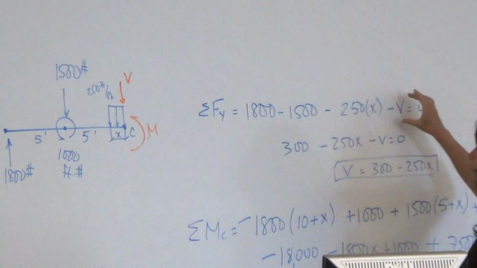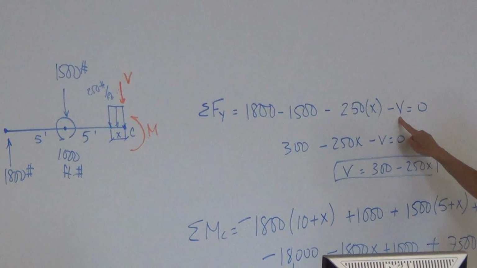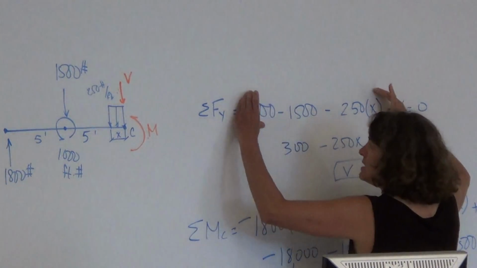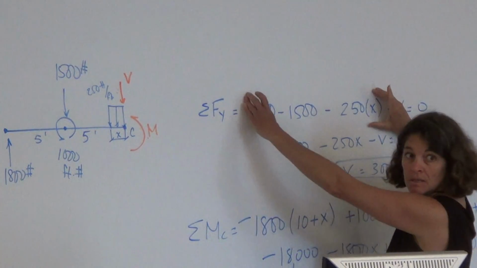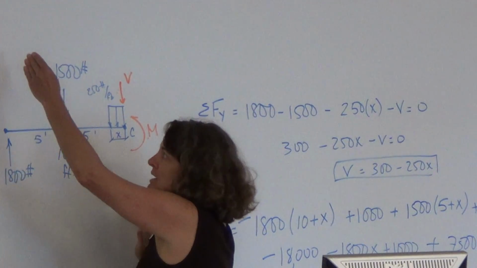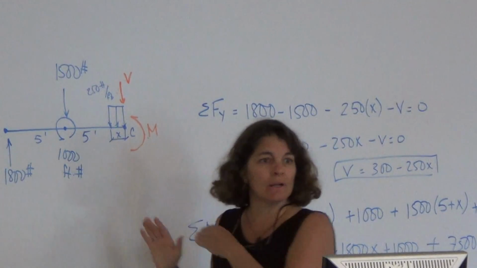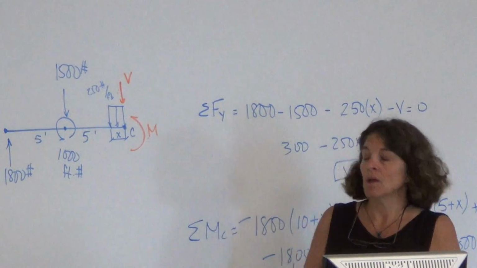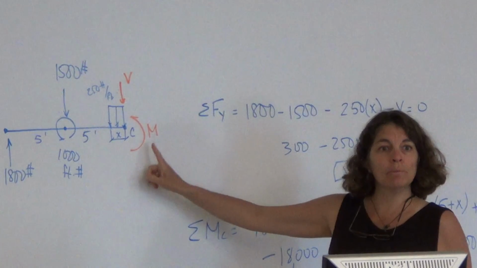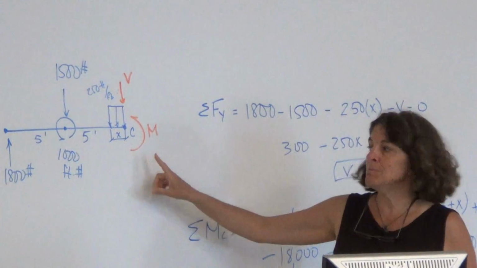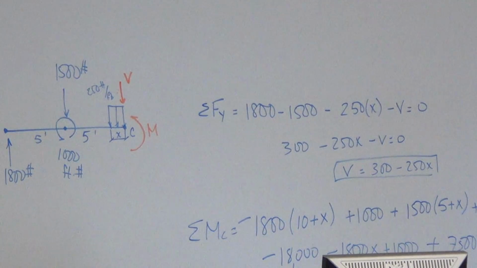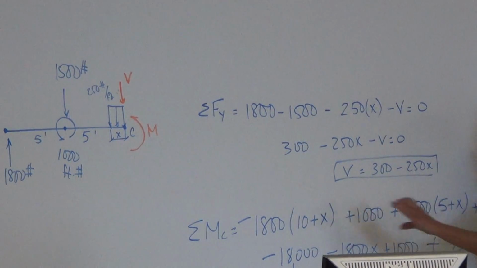If I take an equation and I subtract v, v is going to be brought to the other side, and v is going to have the same sign as this. That's why when we do the shear diagram, we follow 18 up, 15 down, etc. Got it? Okay, but look at the sign convention for the moment. The moment is in the positive, which means everything that's happening here, when you add in the moment, is going to be equal to the negative of this.